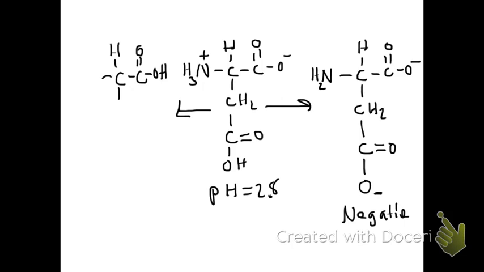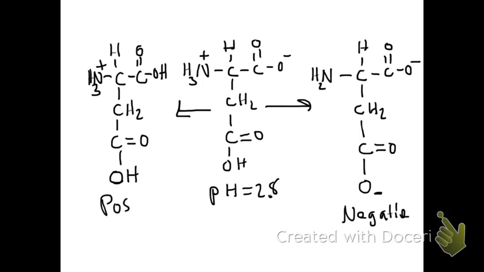Our H, our amine is, let's see here, plus, and then our CH2, C, and it should become more positive. Our amino acid. Alright, so there's the isoelectric point.